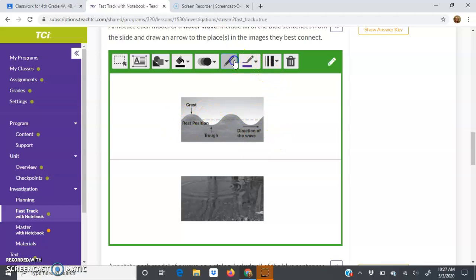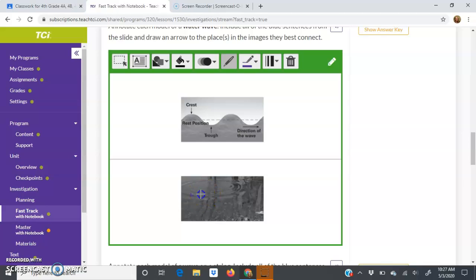So what I am going to do is label mine. Now I see these darker parts right here. See how it's more shaded right here? I'm going to put a T for trough because that's the lowest point. The highest point is where the water is closest to the sky.